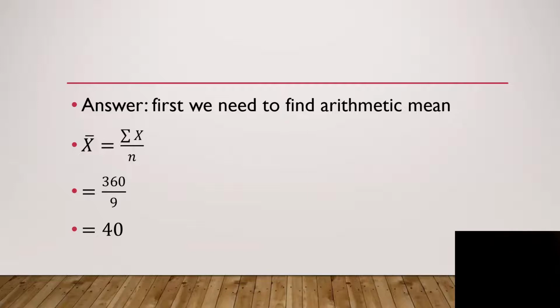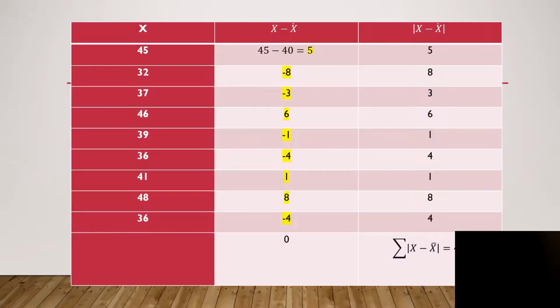This arithmetic mean remains constant for all values. Now look at this table. The first column x represents the variable, that is the 9 student marks: 45, 32, 37, 46, 39, 36, 41, 48 and 36.